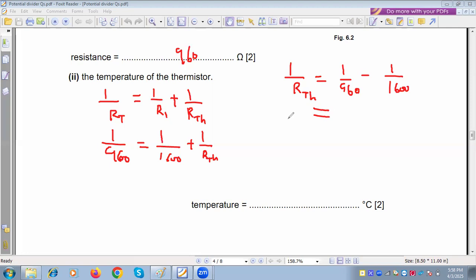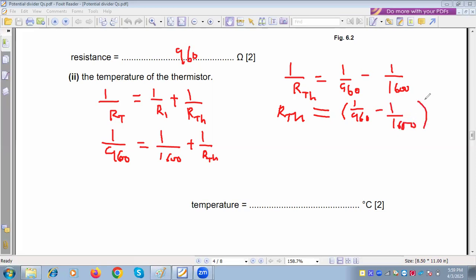If I take the reciprocal, R thermistor is equal to 1 over 960 minus 1 over 1600, all to the power minus 1.